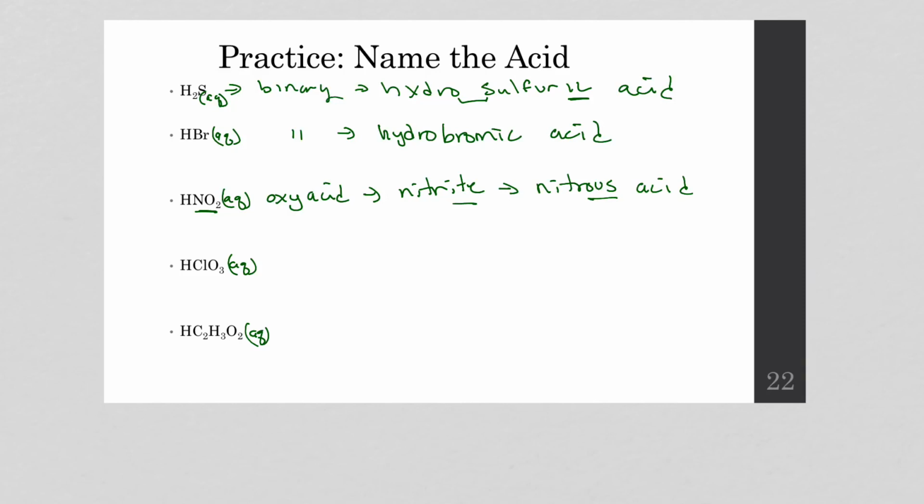And here, HClO3, again, contains oxygen. So we identified the oxyacid. We identified the ion here, and that's the chlorate ion. And so ATE becomes IC, so it becomes chloric acid.